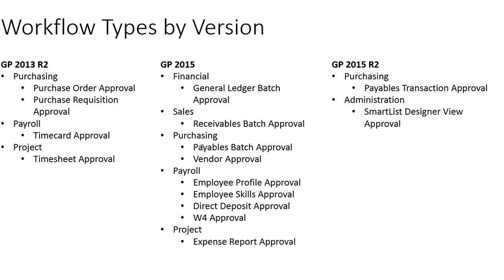GP workflow allows you to have any of the workflows turned on that you want, but the one catch is you can't have payables batch approval and payables transaction approval turned on at the same time. It's one or the other for just those two options.